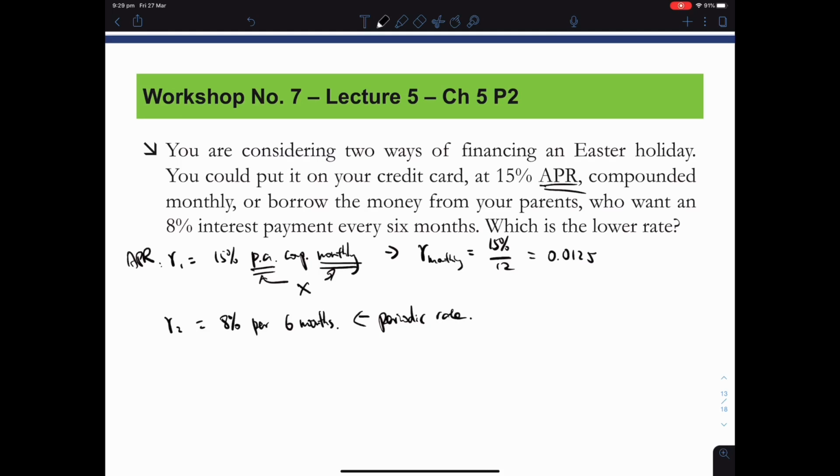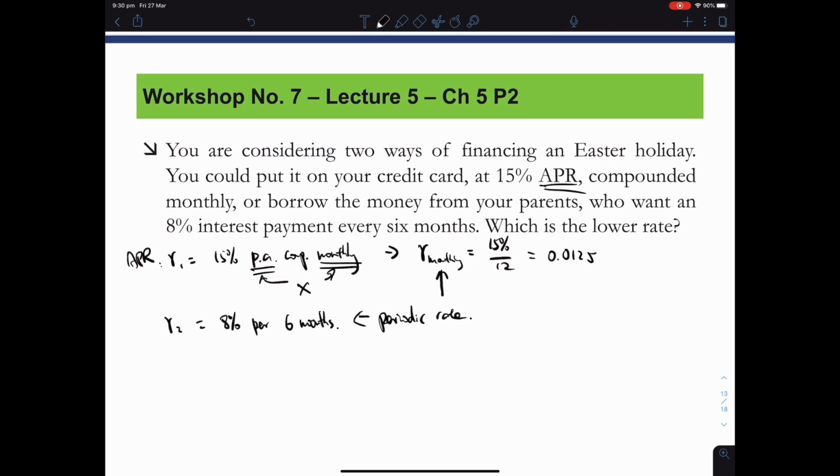Well, one of them is a monthly periodic rate, and the other is a periodic rate per 6 months. So R1 is our monthly 0.0125, and you can turn them into the same interval. The easiest way is to convert to EAR, because EAR means both of them have a frequency of 1 year.